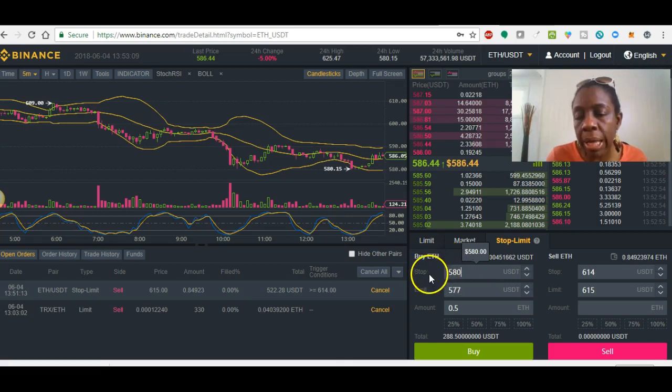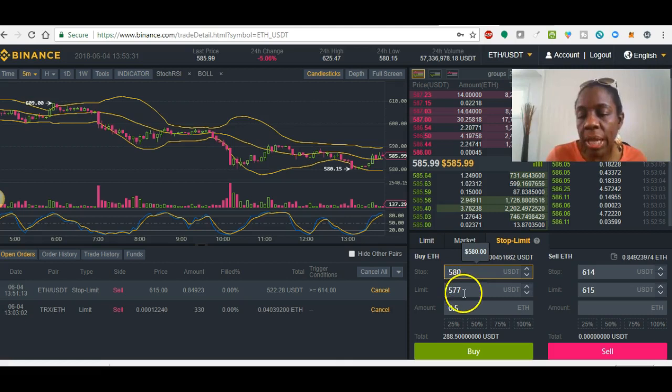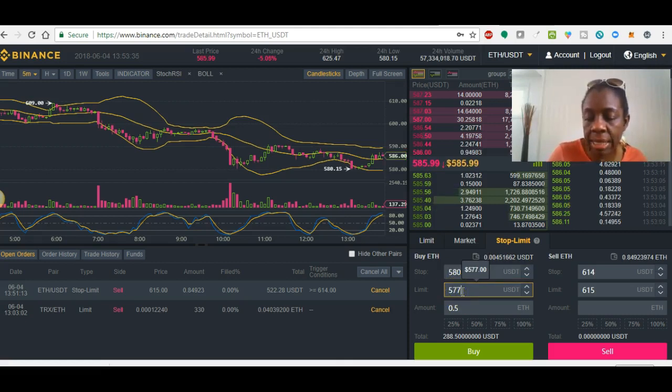So I want to buy when the price hits 580 on the assumption that the price is trending downwards. So then I would set up my limit at 579, because the price is going down.